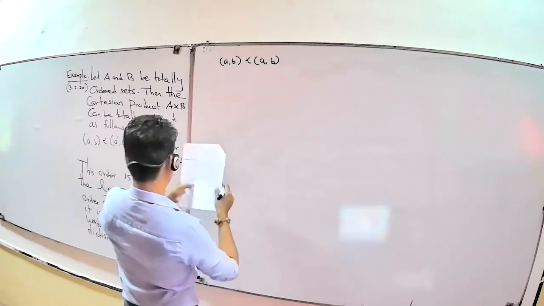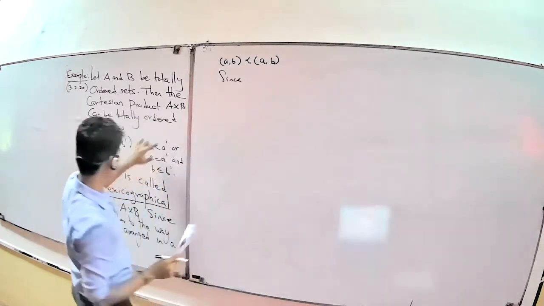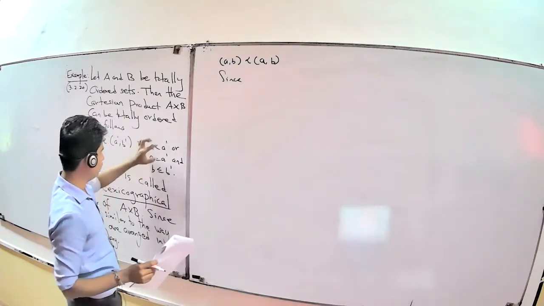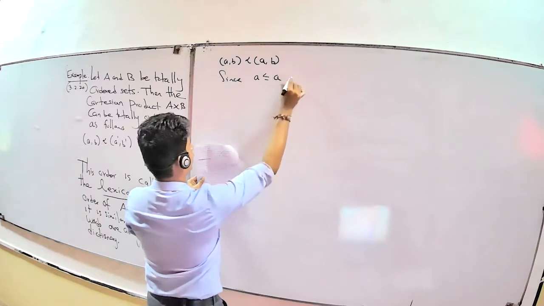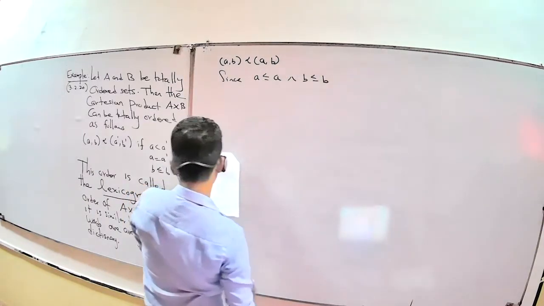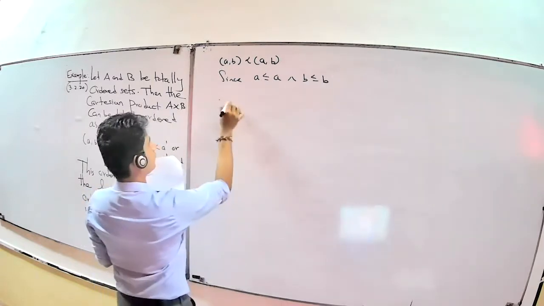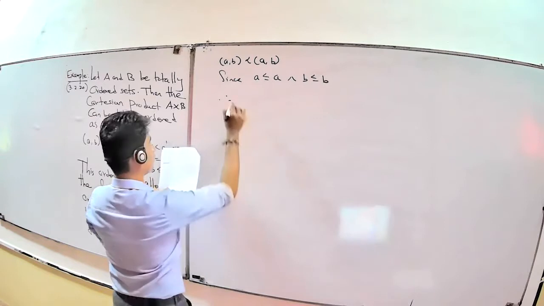Since from these two, a less than a dash or a equal a dash, therefore a less than or equal to a, and obviously b less than or equal to b dash means b less than or equal to b. From both, therefore reflexive.